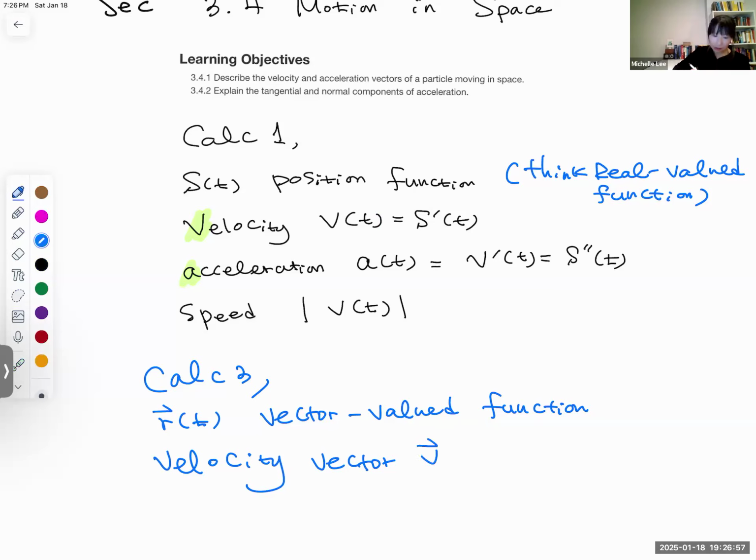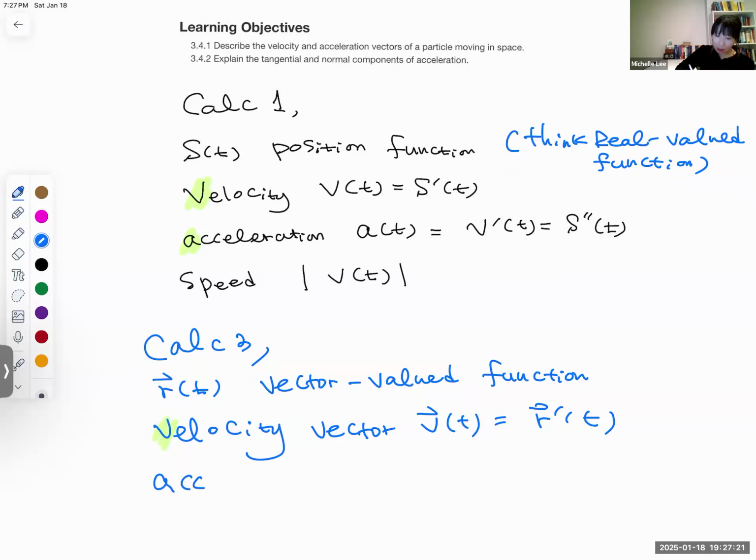So v of t is equal to r prime of t, same as Calculus 1. How about acceleration? It's the same, we follow the same concept.